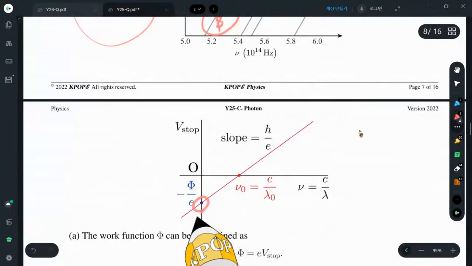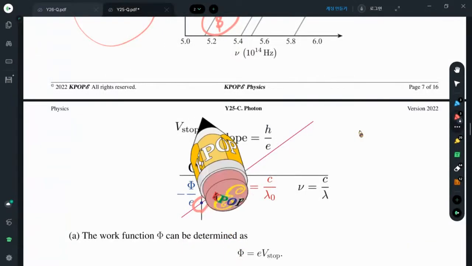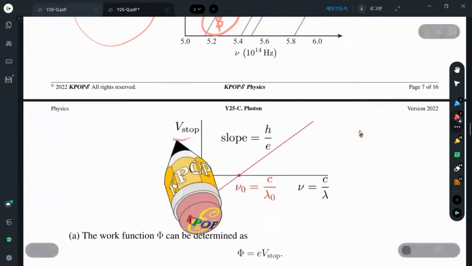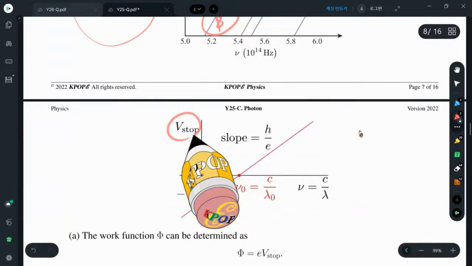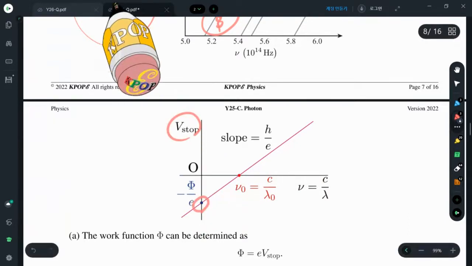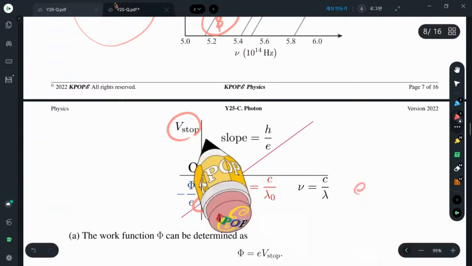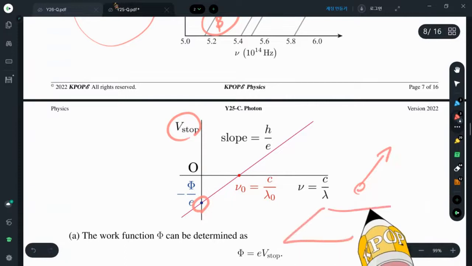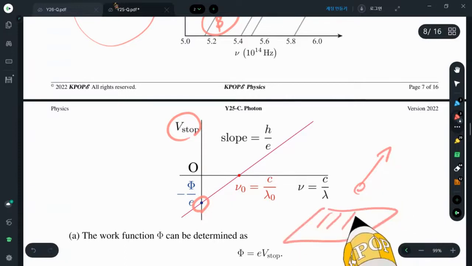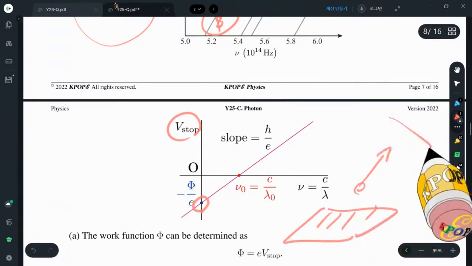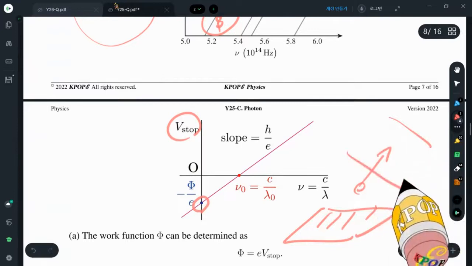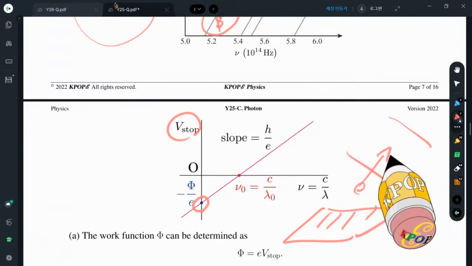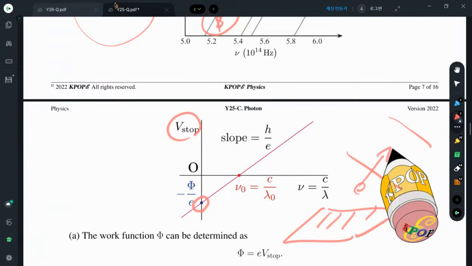So we find the intercept of this V stop. V stop is, as you should have learned already, to stop the photoelectrons that have been emitted from matter, we should give some electric field to decelerate the electrons.